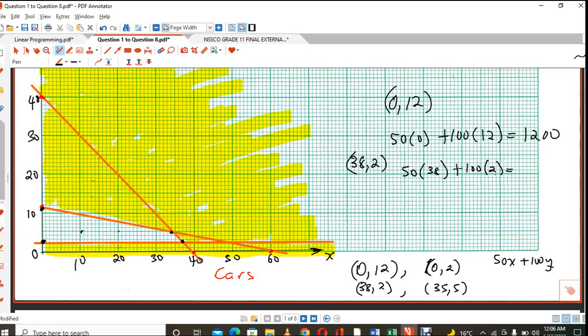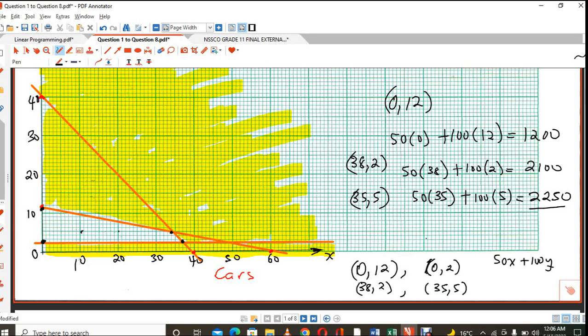Well, you can play around with that. You'll get something like $2,100. If you pick the point 35,5 though, and you say 50 times 35 plus 100 times 5, you punch that in, you should get 2,250.